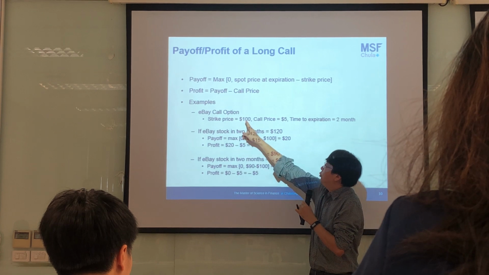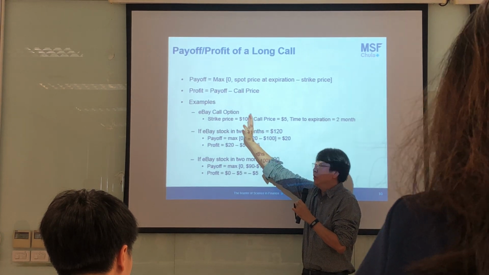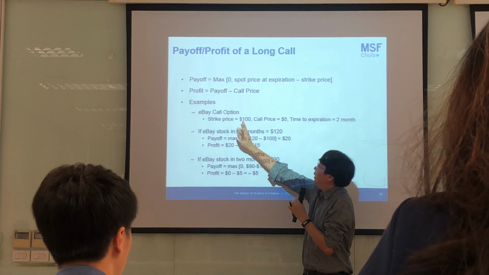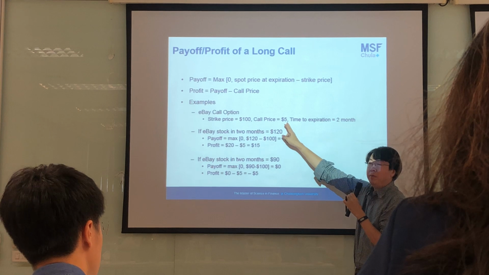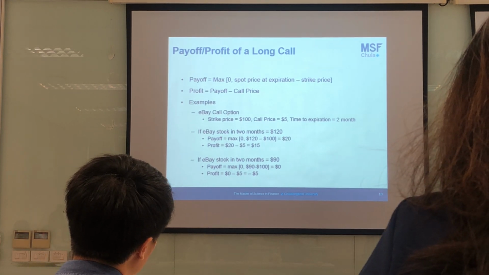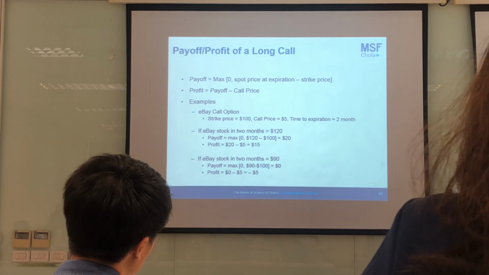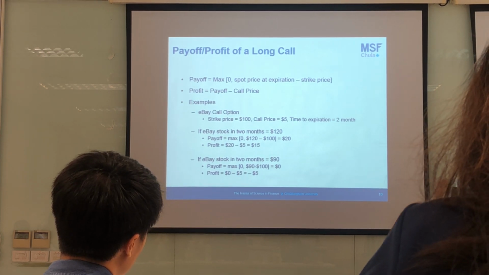Of course, this affects the call premium too. So in this case, suppose the strike price is 100, the call price is $5, and time to expiration is 2 months. Suppose that today you pay $5 to get the call option on eBay.